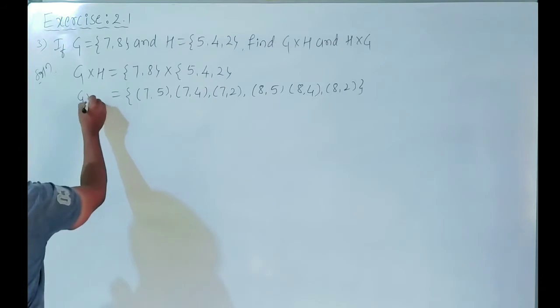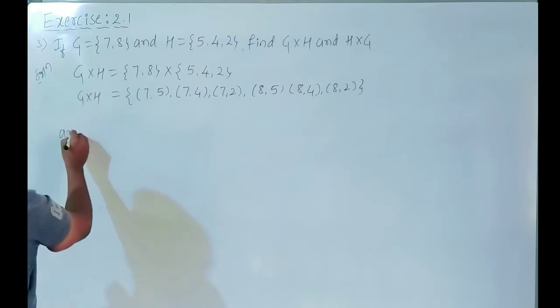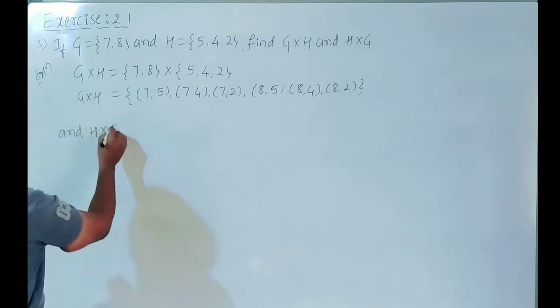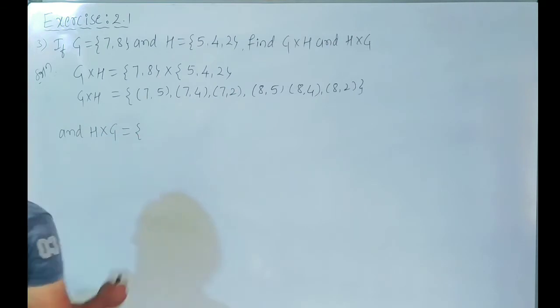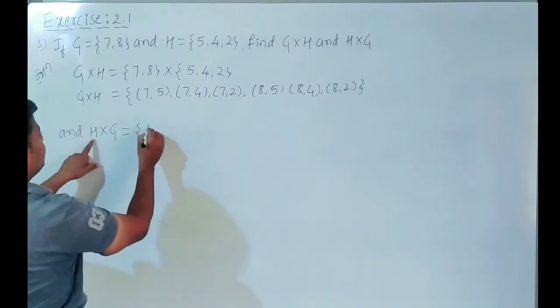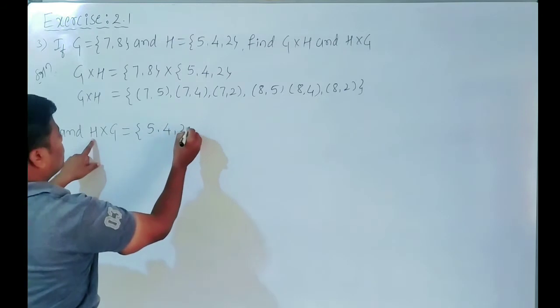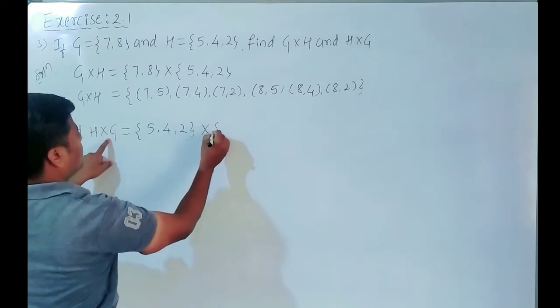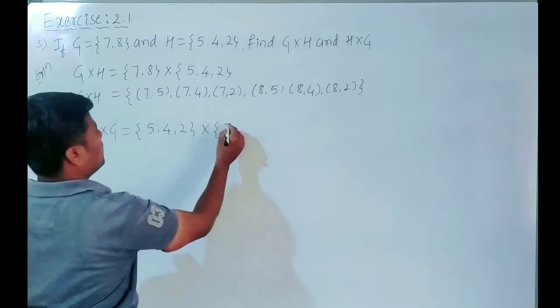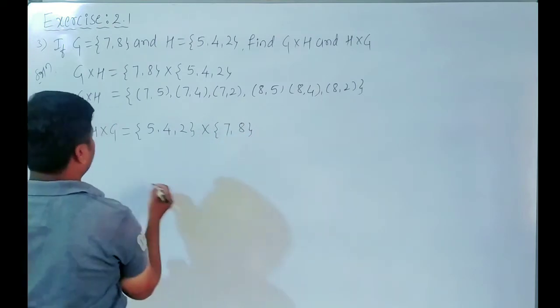Okay. Similarly find H cross G. The first set is H: 5, 4, 2, Cartesian product, G: 7, 8.